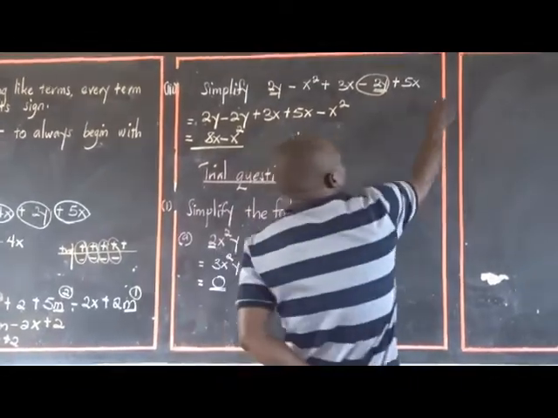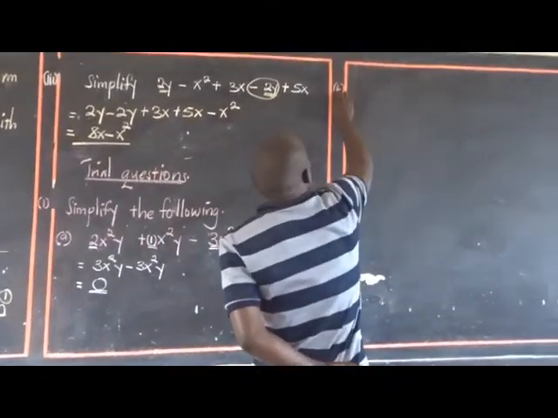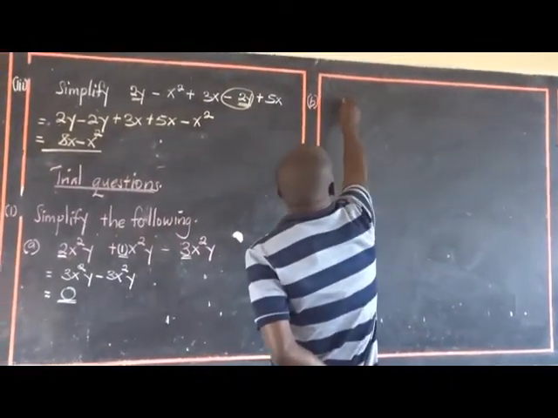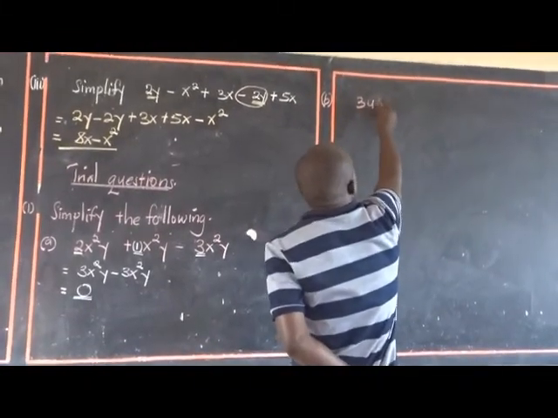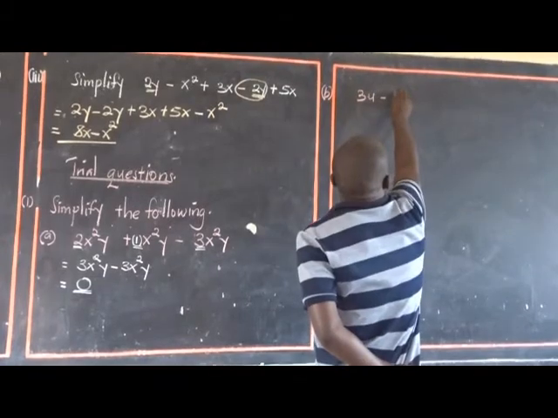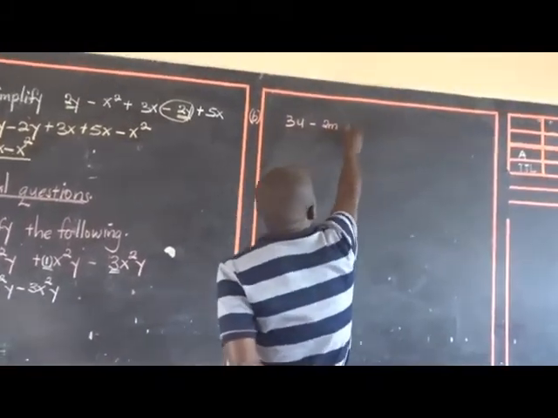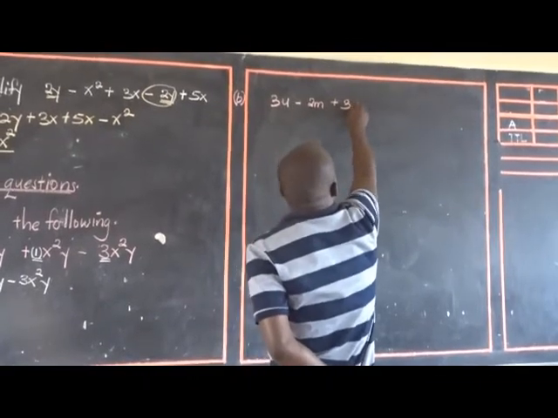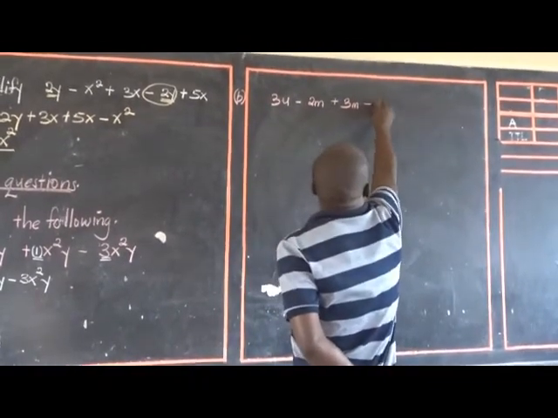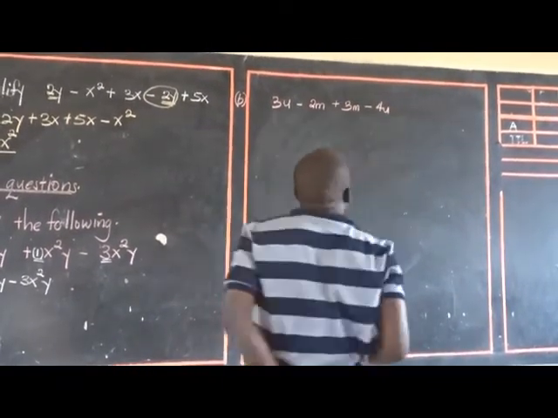Let's look at another example, whereby we have 3u minus 2m plus 3m minus 4u.